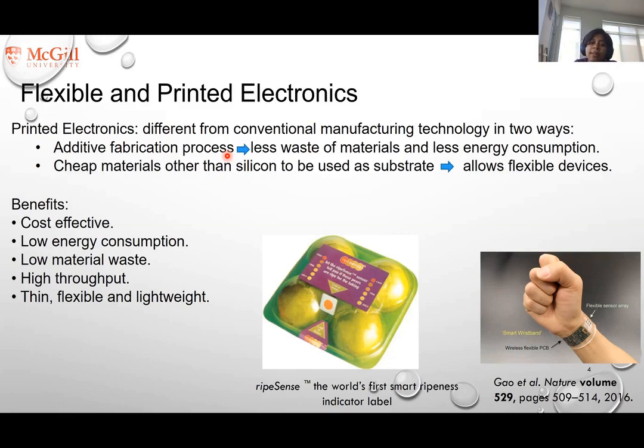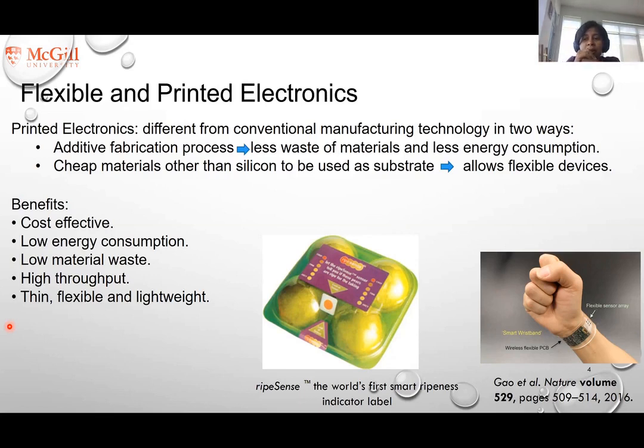So the benefit of flexible and printed electronics is that it is cost effective. They require low energy consumption. They don't have much material waste, so the material waste is low. It's also a high throughput fabrication process. When we talk about printing, not in the lab but in industry, we can assume we are doing roll to roll processing, like the way we print newspapers.